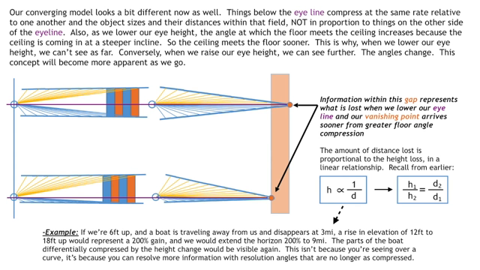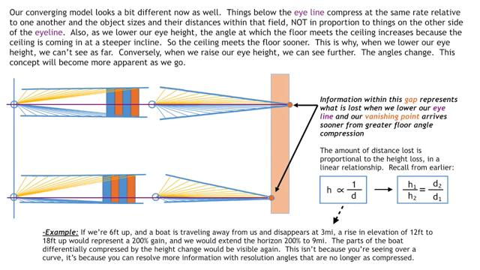So recall from earlier that the height was inversely proportional to the distance, and h1 over h2 equaled d2 over d1. And here's an example of this relationship. If we're 6 feet up and a boat is traveling away from us and disappears at 3 miles, a rise in elevation of 12 feet to 18 feet up, so we're adding 12 feet to our 6-foot elevation, would represent a 200% gain, and we would extend the horizon 200% to 9 miles, again 1-to-1.